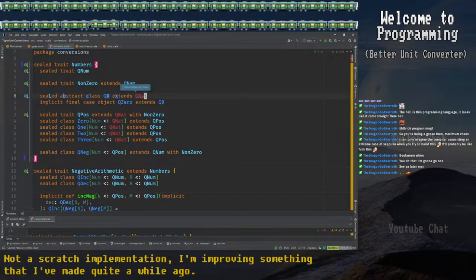You can instead be a qnum. And you can get rid of this. And that has to be num. No. We want qpause here. Maybe it's not actually redundant.